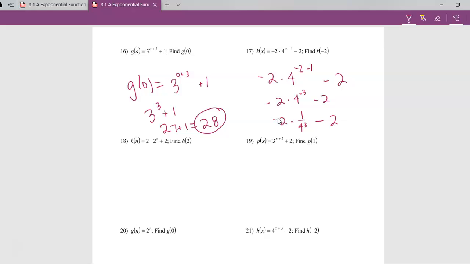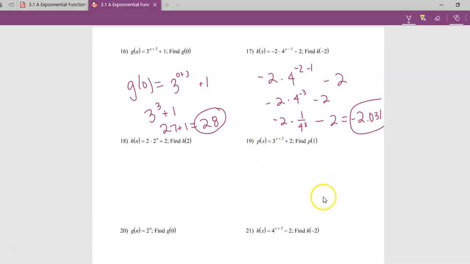So let's see. We've got 1 divided by 4 to the 3rd is equal to a decimal, and then I'm going to times that by negative 2, and then subtract 2. That gives me, I'm going to round this off to 3 decimal places, negative 2.031.